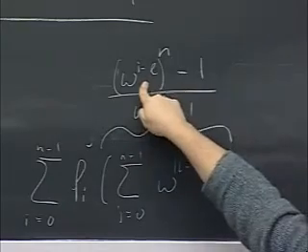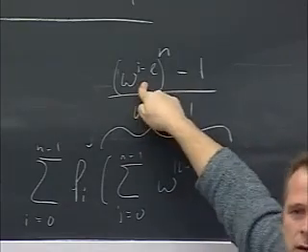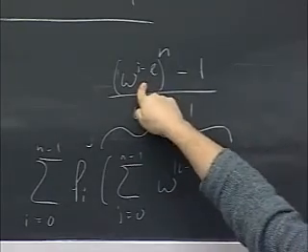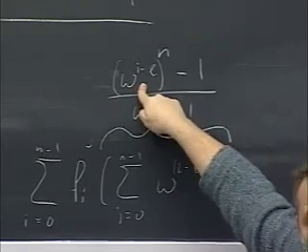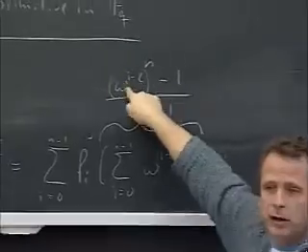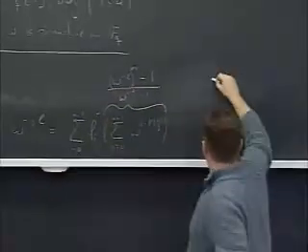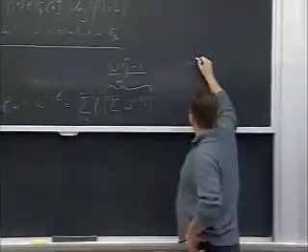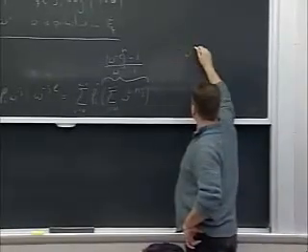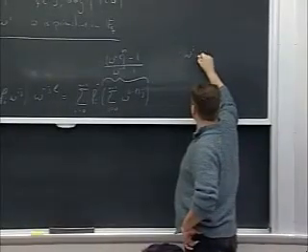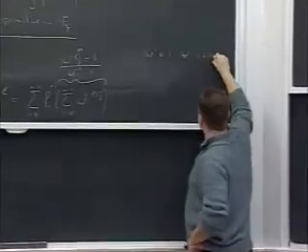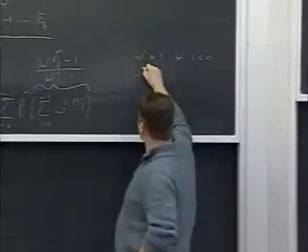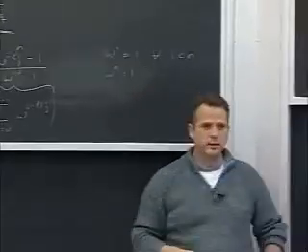But omega is an element of order n, right? Omega was an element of order n. That's how we chose it. You multiplied omega. It's primitive in the field, so we have omega i unequal to 1 for all i less than n, and omega n is equal to 1.